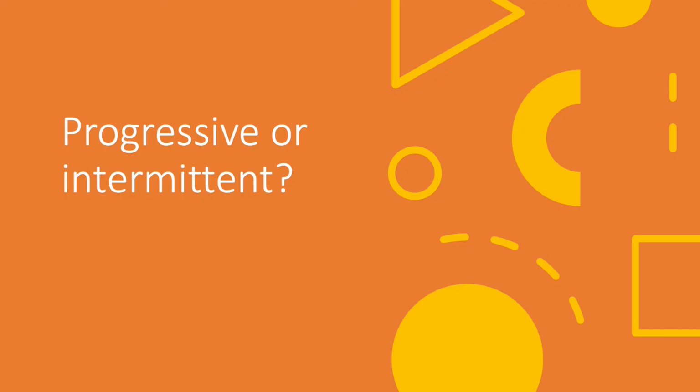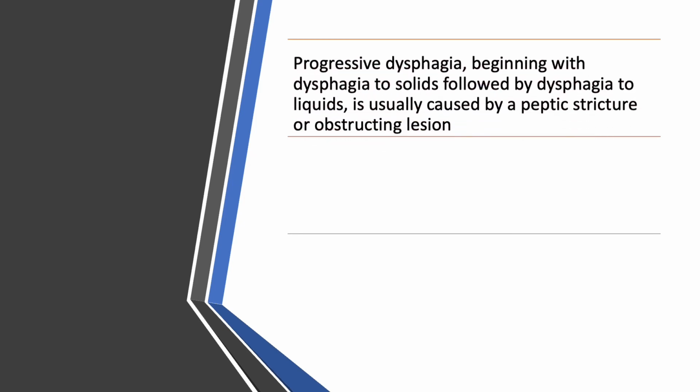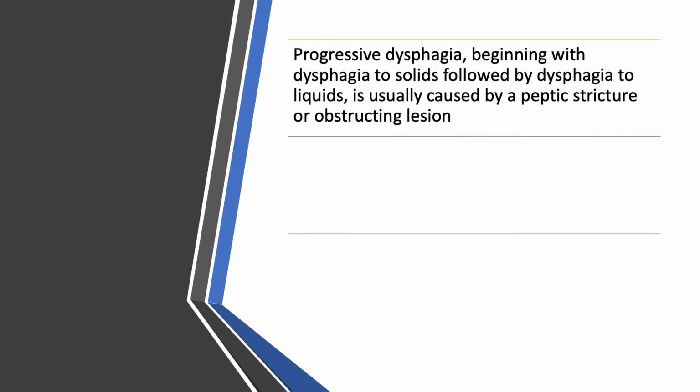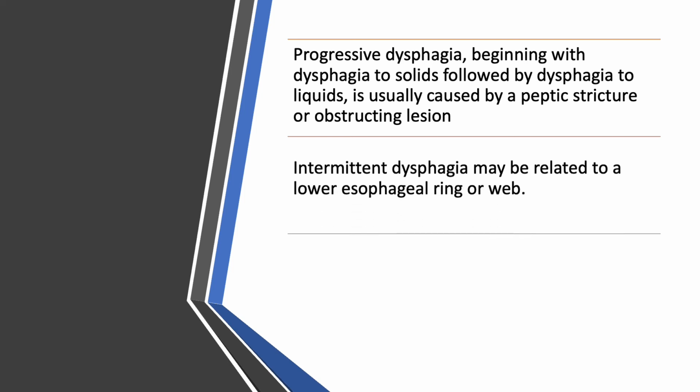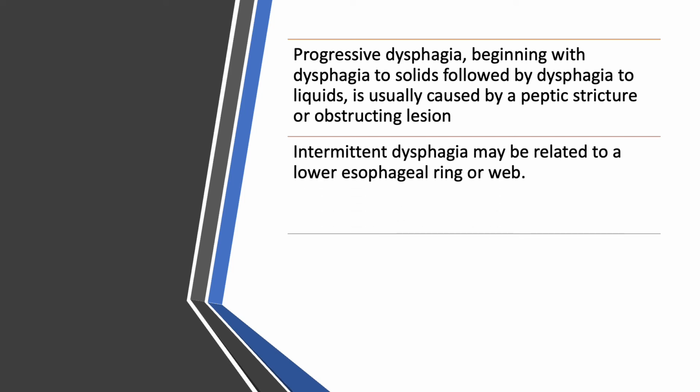It is also important to ask if the symptoms are intermittent or gradually progressive. Progressive dysphagia beginning with dysphagia to solid followed by dysphagia to liquids is usually caused by a peptic stricture or obstructing lesions. Intermittent dysphagia may be related to a lower esophageal ring or web.